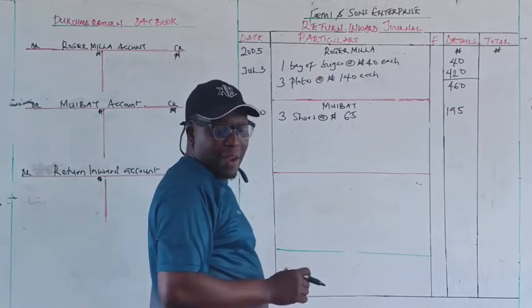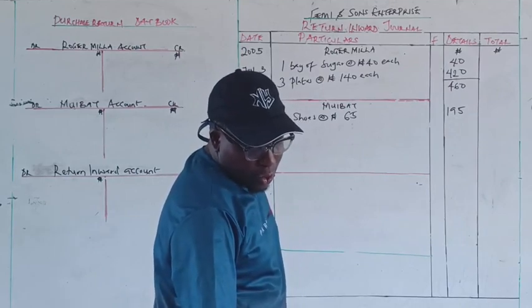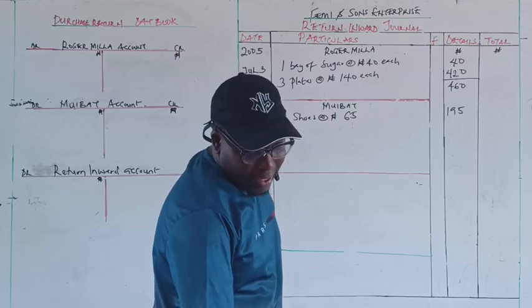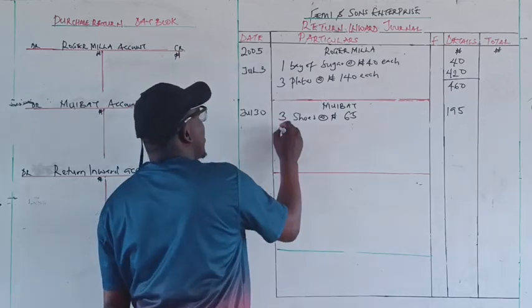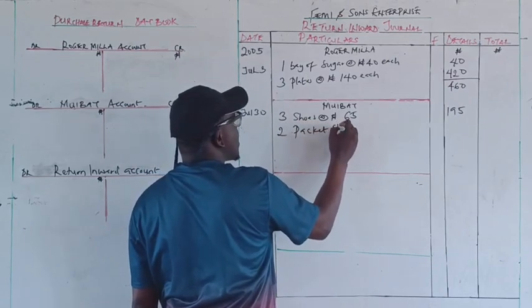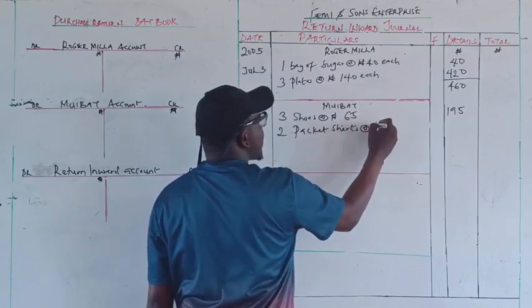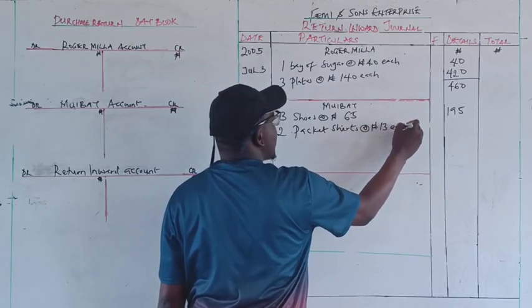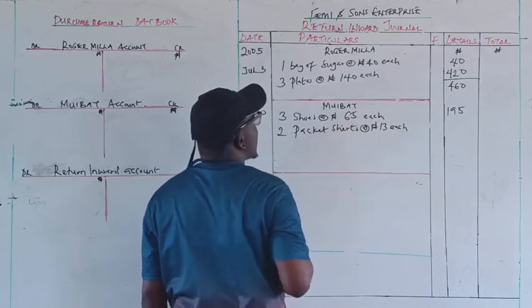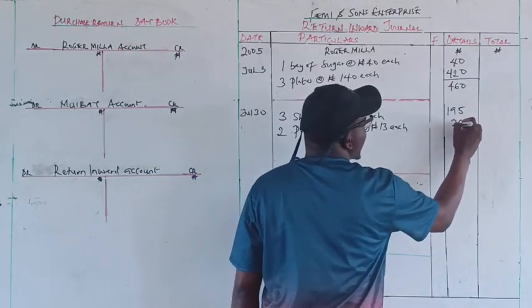On the same day, he returned 2 packet shirts at 13 naira each. 2 packet shirts give us 26 naira.